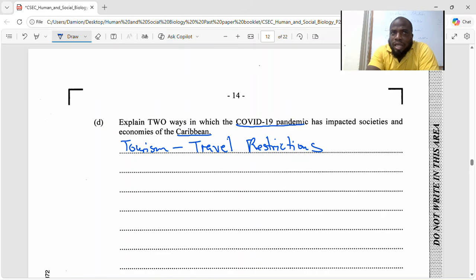Travel bans were happening because the countries were saying no. Now that we are visiting maybe a third world country, they might not be so equipped to deal with it.